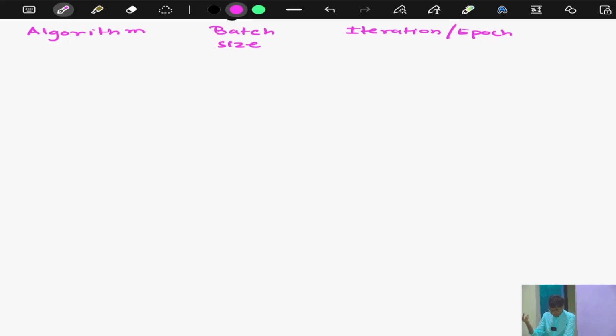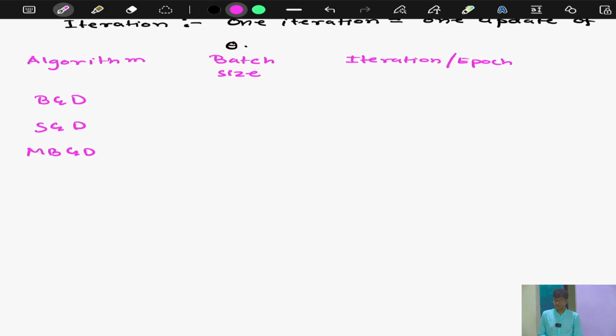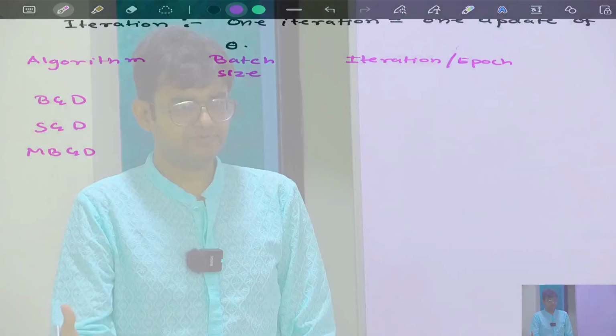Okay. So the first algorithm we discussed was batch gradient descent, then we discussed stochastic gradient descent, and then we discussed mini batch gradient descent. So for batch gradient descent, we discussed the algorithm last time. Can you tell me for batch gradient descent, what is the batch size?